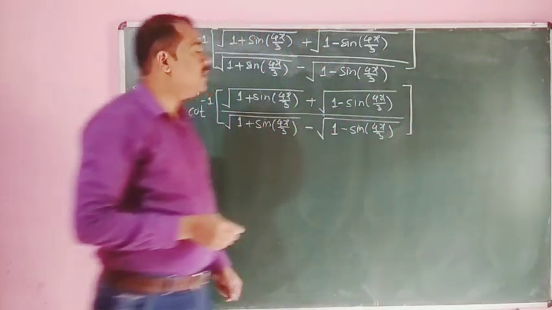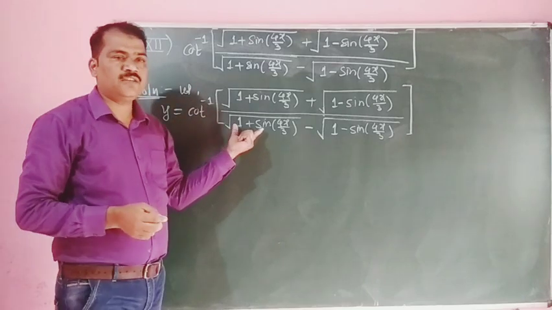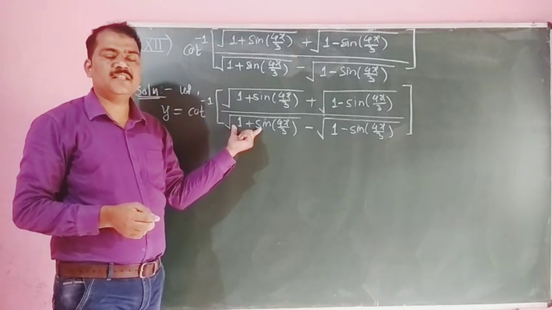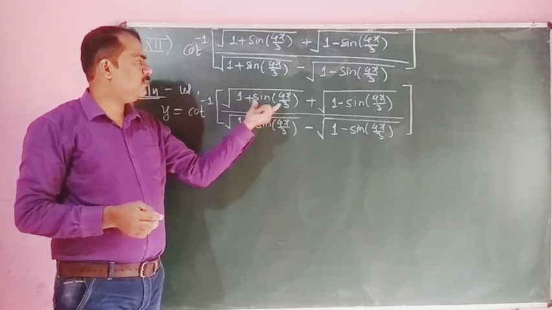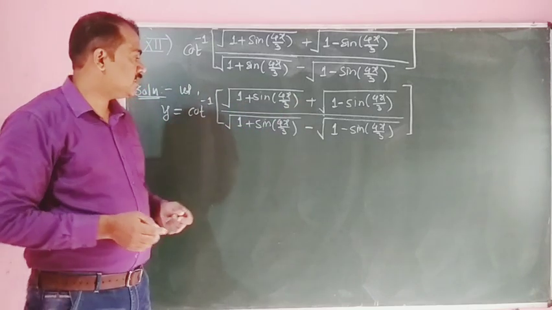We have to get the value of this bracket as nothing but the cot or tan. So we have to use the formulas related to 1 plus sin theta and 1 minus sin theta.